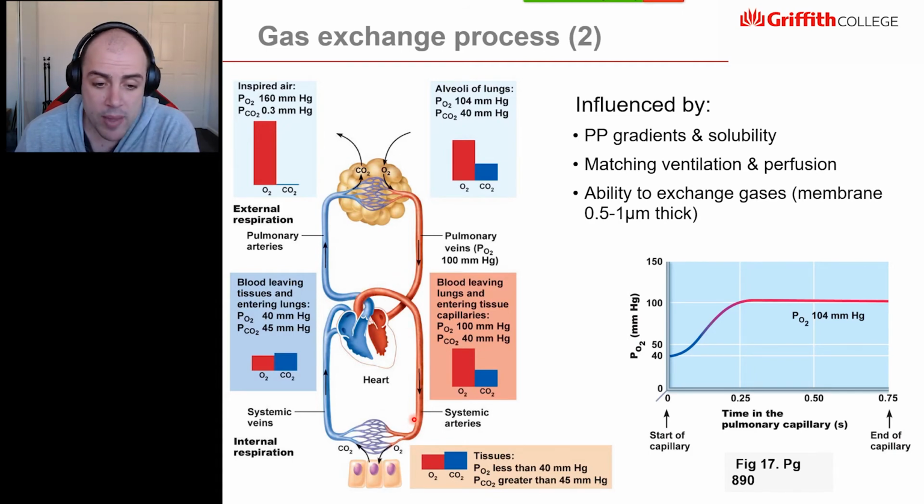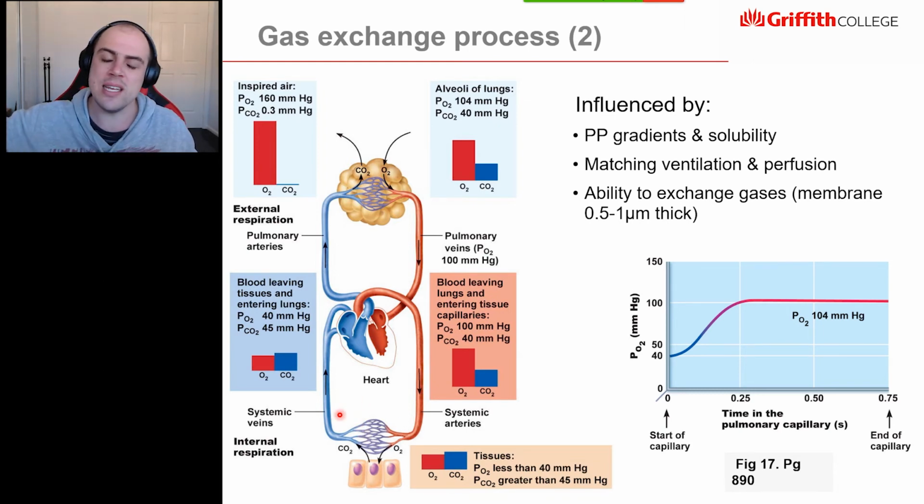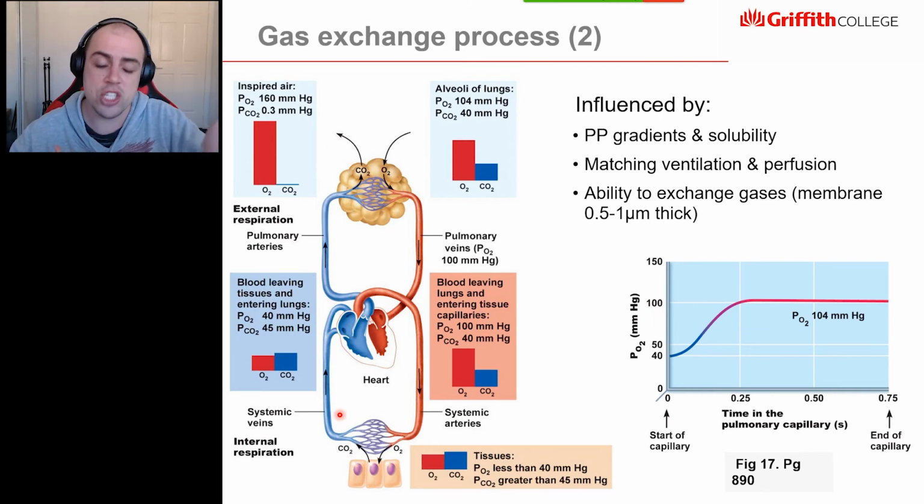We move away from the heart, going down to our tissues, where we see internal respiration occur. Oxygen is leaving the red blood cells and moving into the tissues, and carbon dioxide is leaving the tissues and moving into our red blood cells.